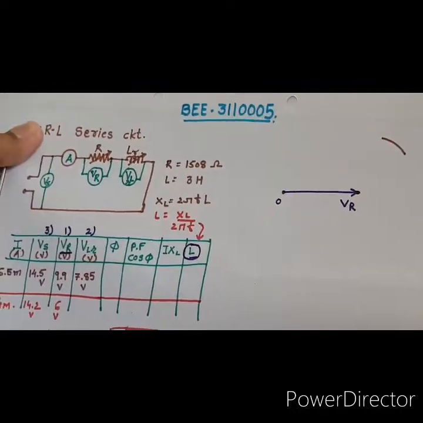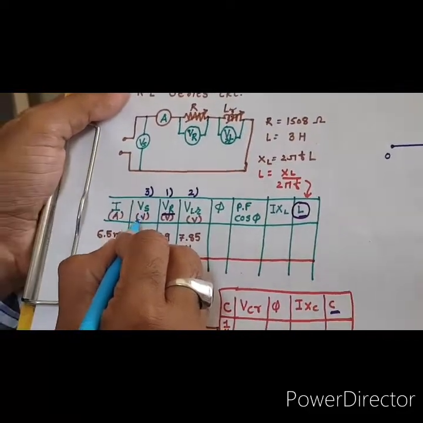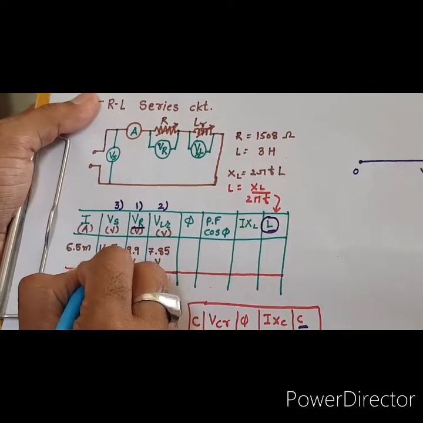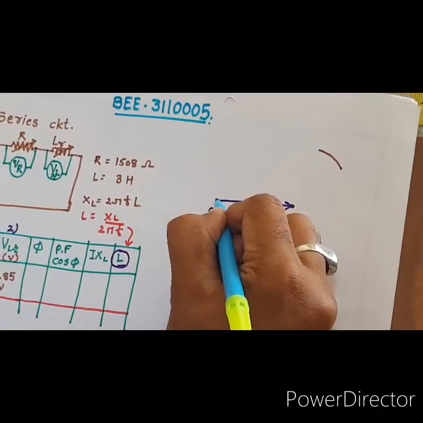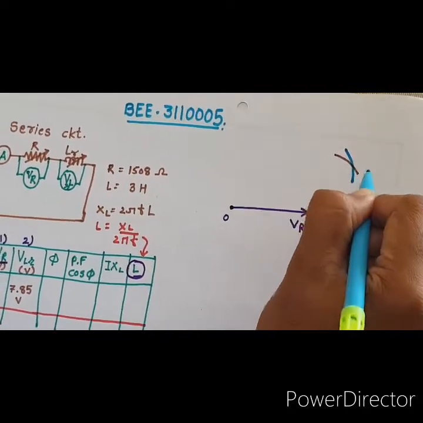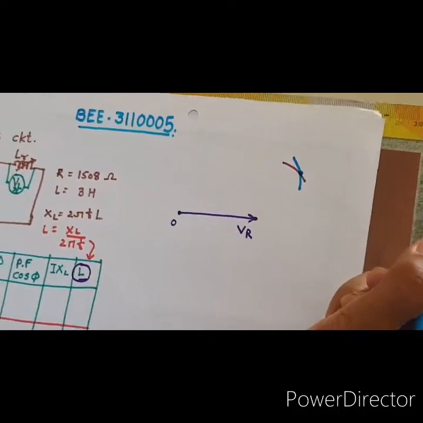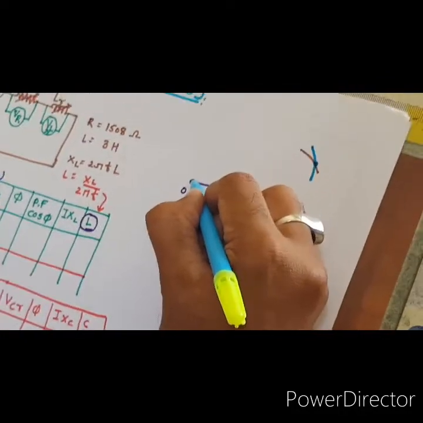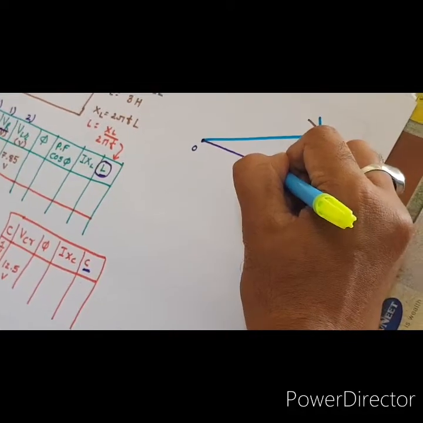The third is the supply voltage value, 14.5 converted into scale. The initial point is 0, and draw the arc which crosses VLR at some point. Now join all these 3 points.